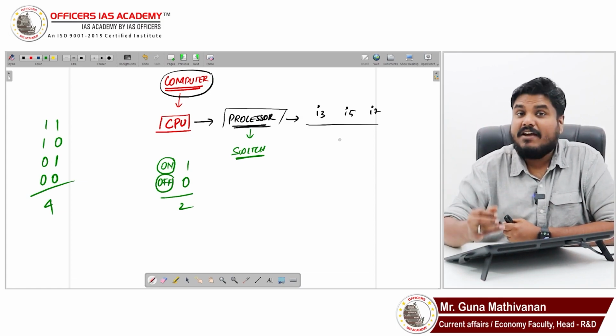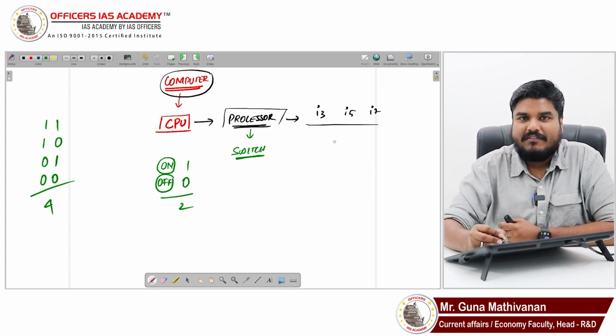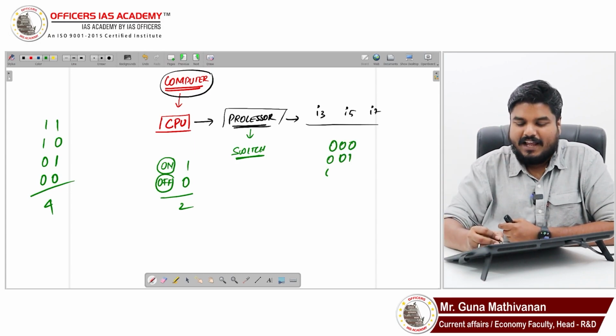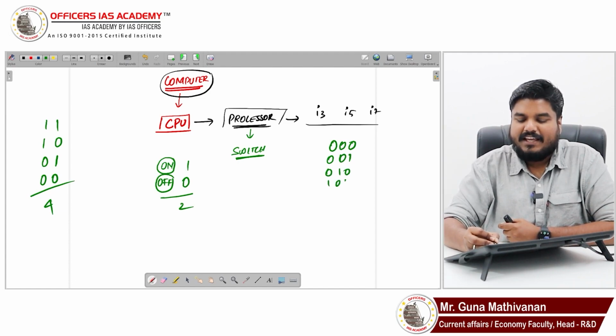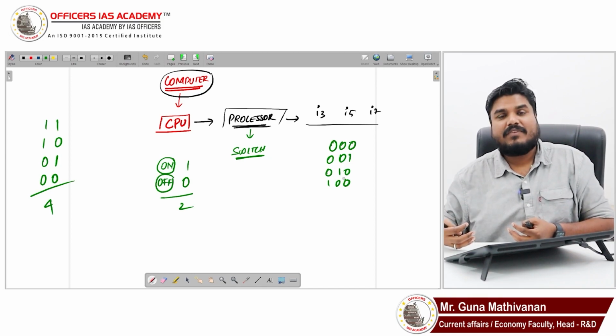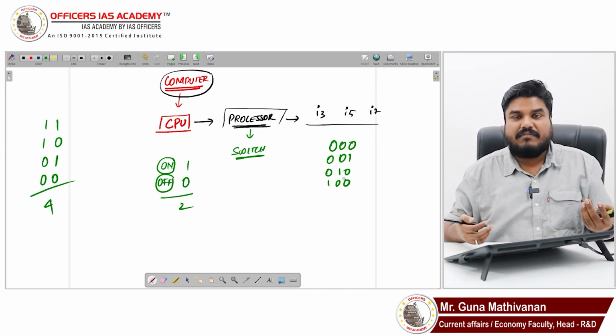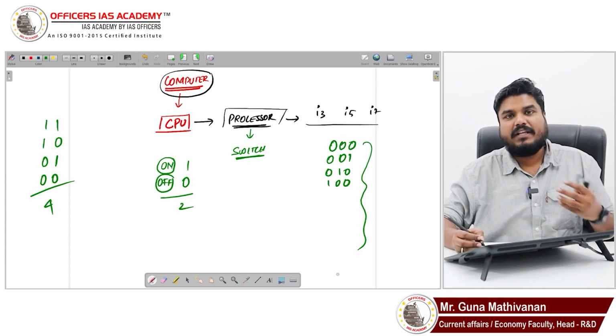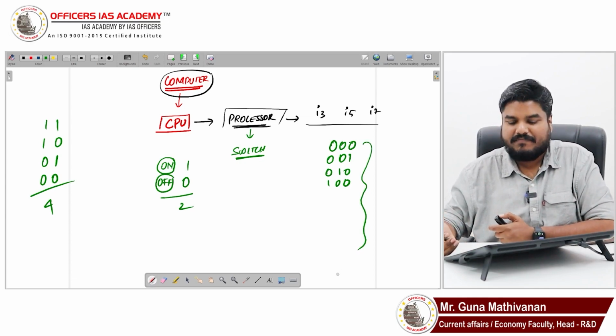Now let's assume that I have 3 switches. I can switch off everything, I can switch on one, and I can interchange them, so I can make combinations. The point I'm trying to convey here is that you will get around 8 different kinds of combinations.